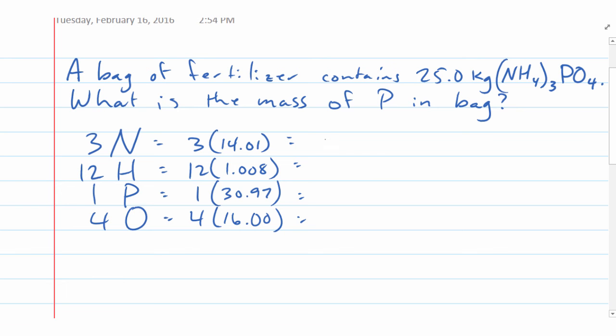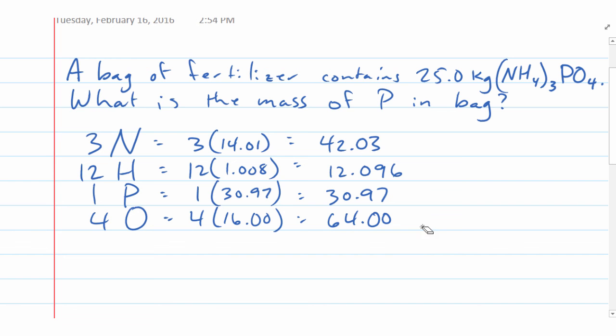If we multiply each one of these through, we get 42.03. We get 12.096. Get 30.97 and 64.00.